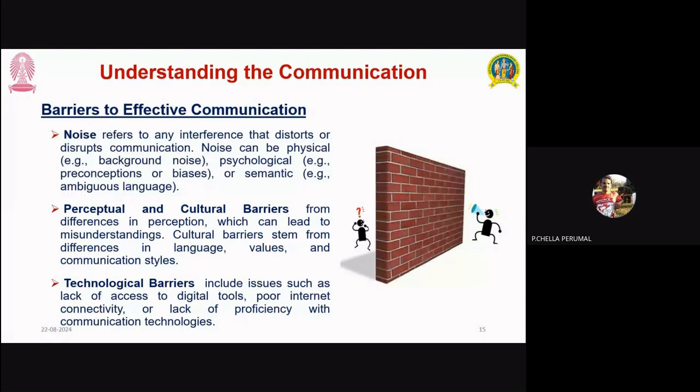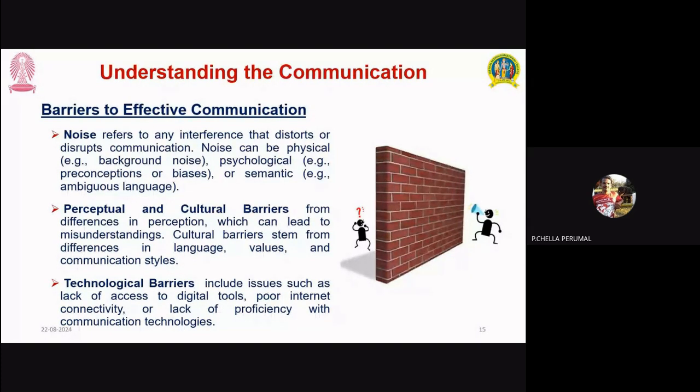For example, in a multicultural academic setting, a faculty member from a culture that values indirect communication may find it difficult to communicate with someone from a culture that prefers direct communication. Awareness and sensitivity to these differences are essential for effective communication.